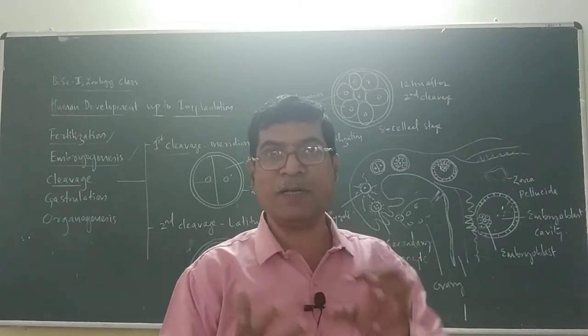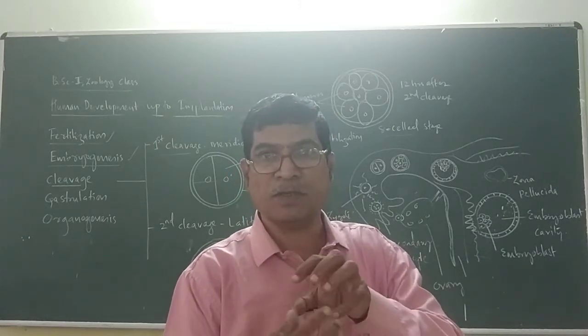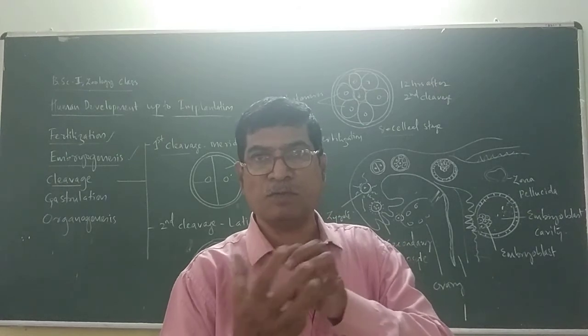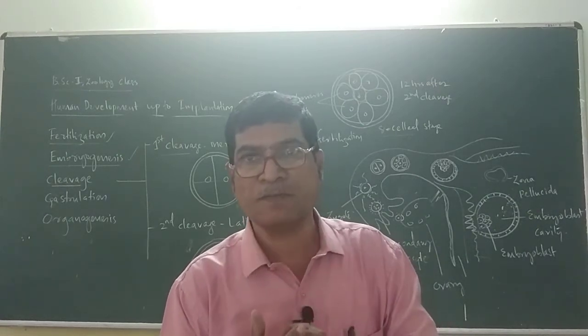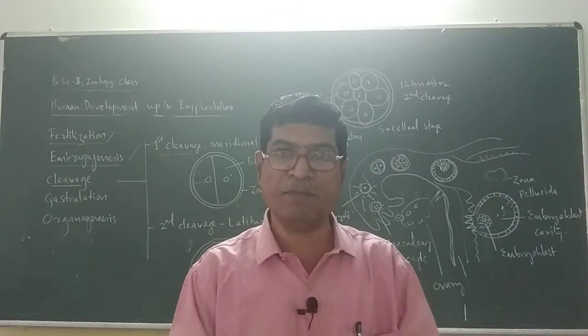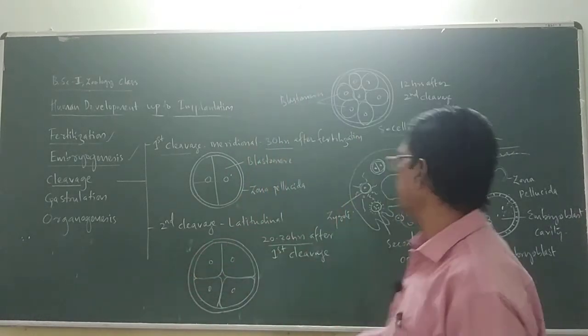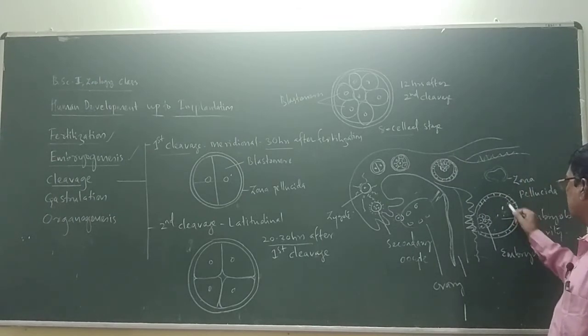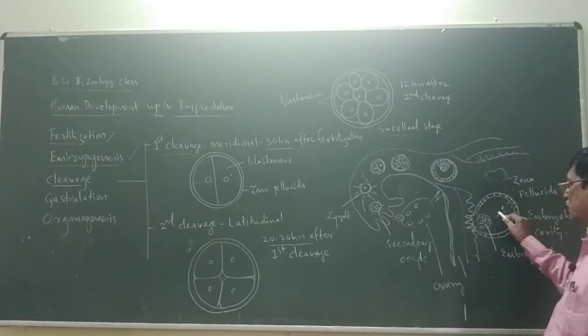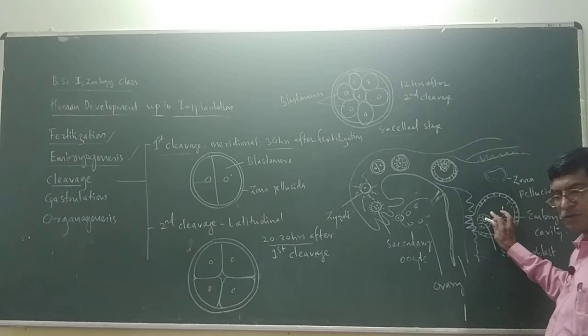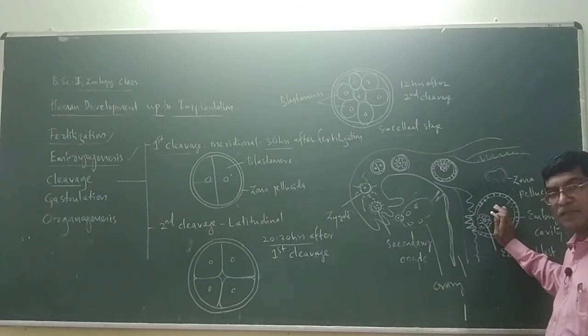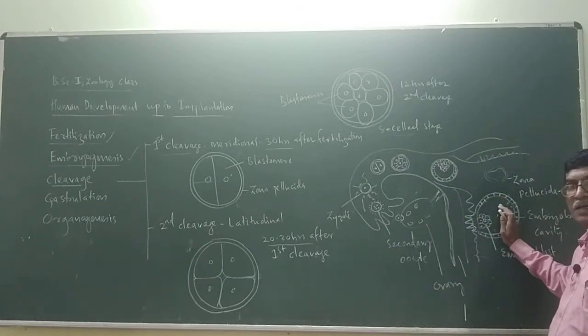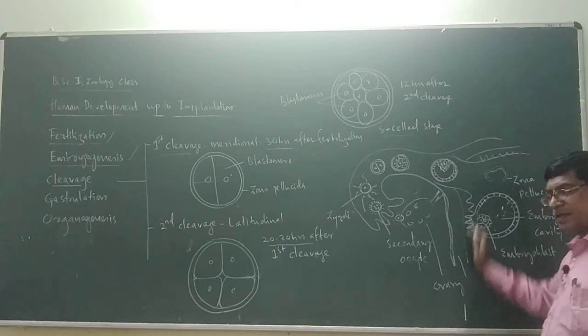The attachment to the endometrium by the blastocyst is known as implantation. After the release of zona pellucida, the blastocoele develops. This is called the blastocoele. This is called the blastula stage, and this blastula attaches to the endometrium.